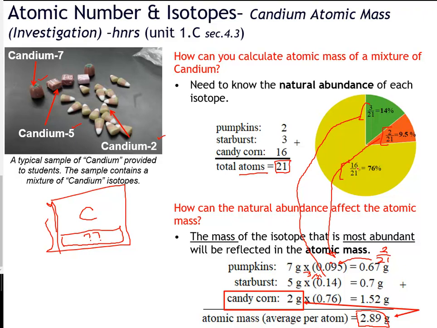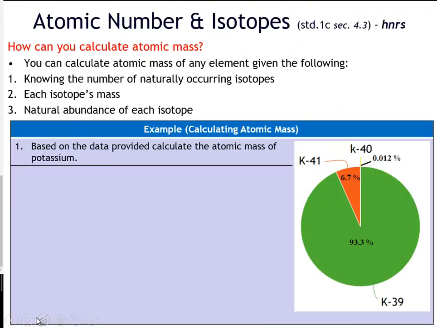And then 16 over 21 will get you that decimal number. What we do then is multiply the masses by those relative abundances. We get a series of subtotals, and we add these subtotals up to get the weighted average. As you can see here, the weighted average is clearly relying more on the candy corns than anything else. So let's move on with that idea into having some sort of presence in chemistry.